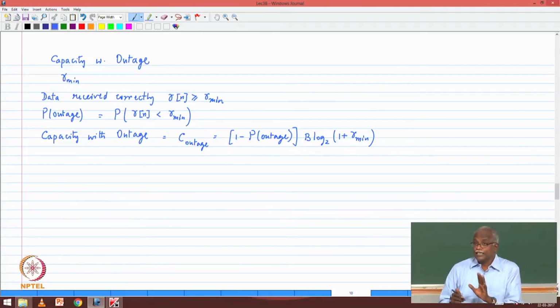Now the key question is what happens if we move from CSIR to CSIT. That means the information is also known to the transmitter. So here is the scenario that we have.